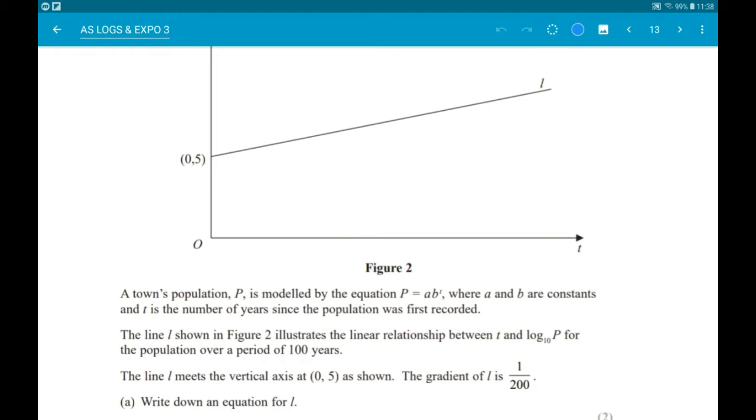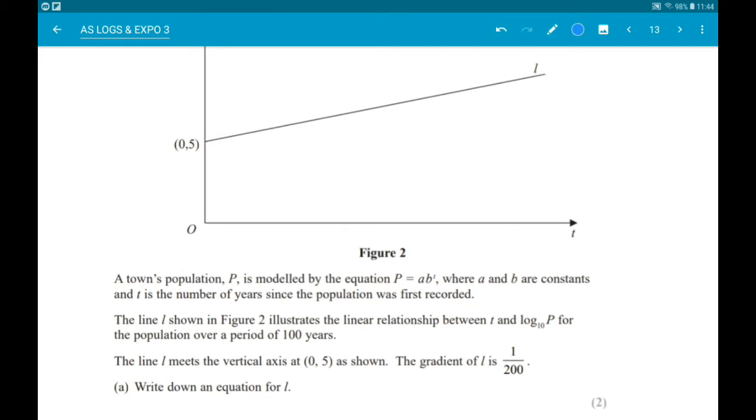The line L illustrates the linear relationship between t and log 10 of P for a period of 100 years. The line meets the vertical axis at (0, 5) and has gradient 1/200.